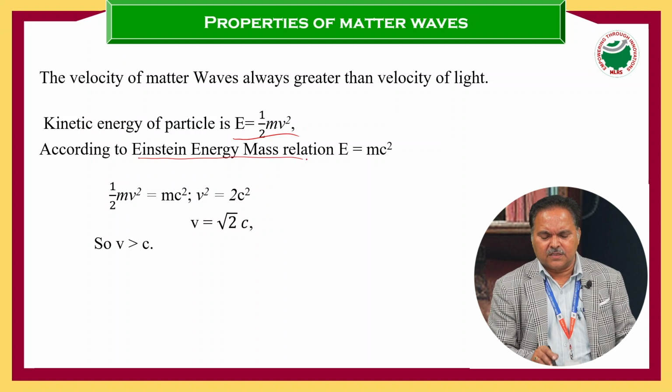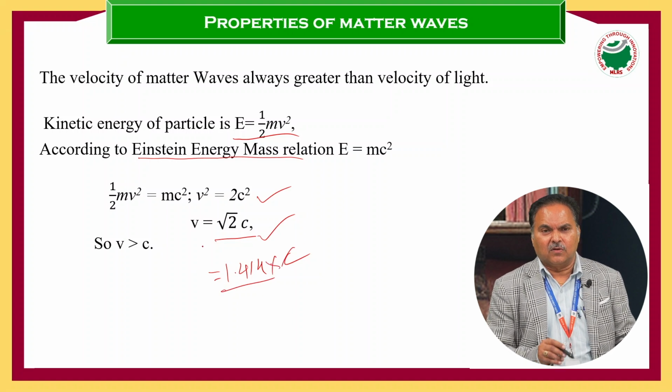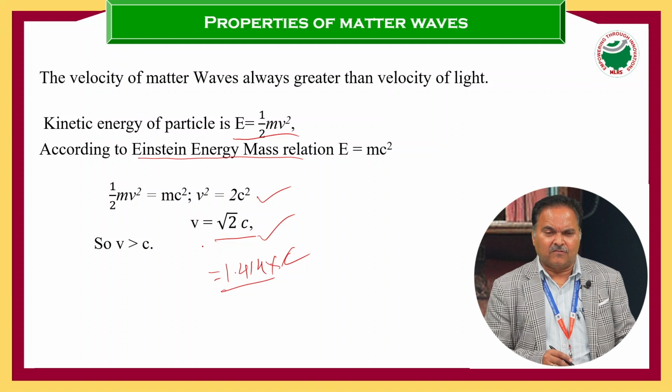According to Einstein's energy-mass relation, E is equal to mc square. Equating these two energies, we get v square equal to 2 c square. That means v is equal to root 2 into c. Root 2 is 1.414, so the matter wave velocity is 1.414 times the light velocity.